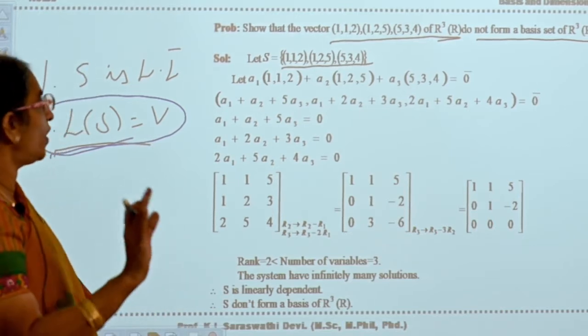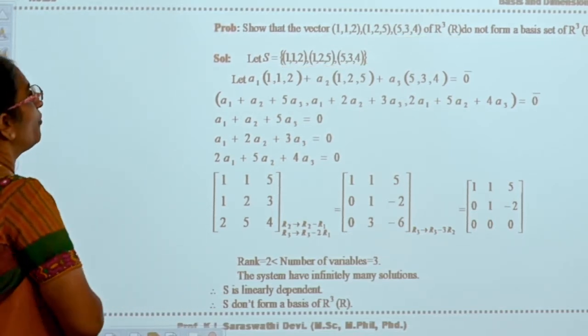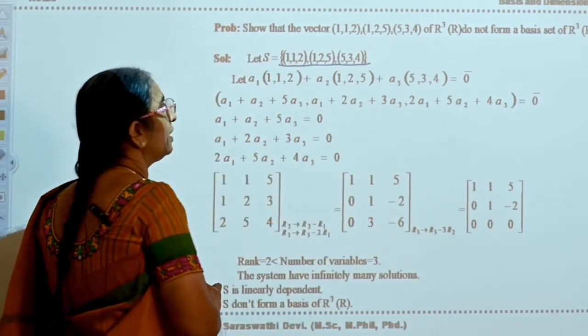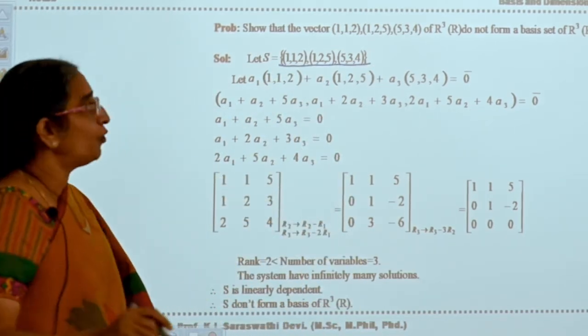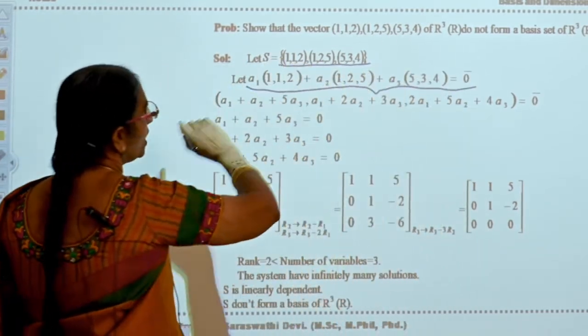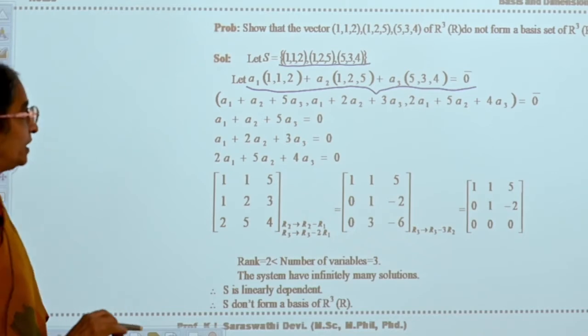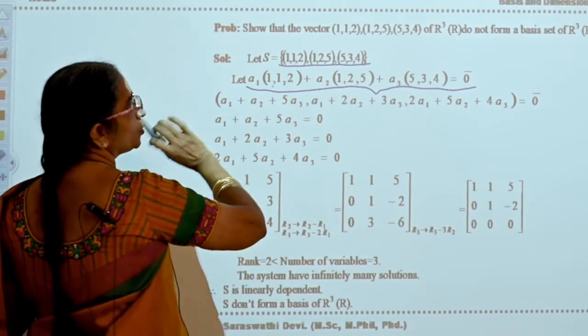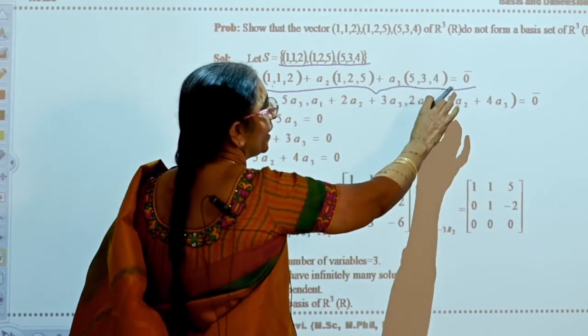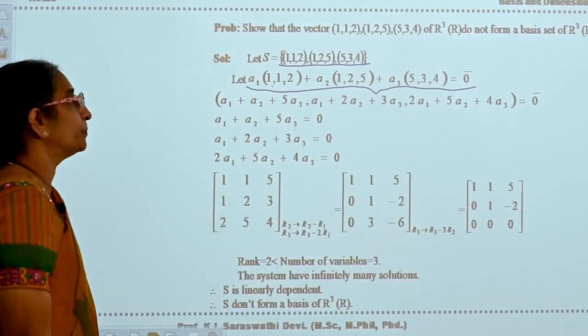Okay. So what we are going to do here is verify whether the given set is linearly independent or not. For that, we have to consider the linear combination of the set of elements. That is A1 into 1 1 2 plus A2 into 1 2 5 plus A3 into 5 3 4 is equal to 0.